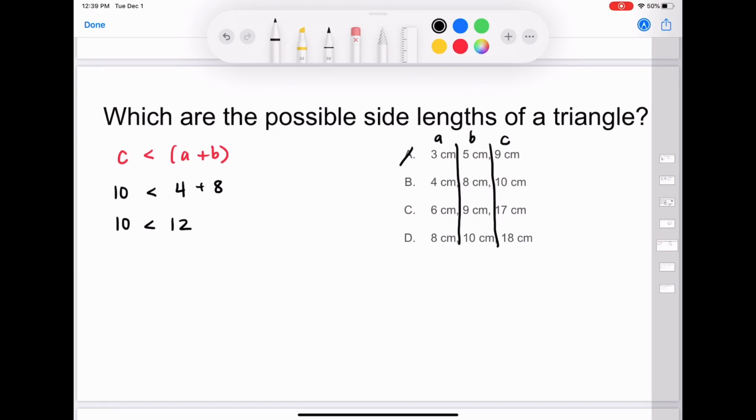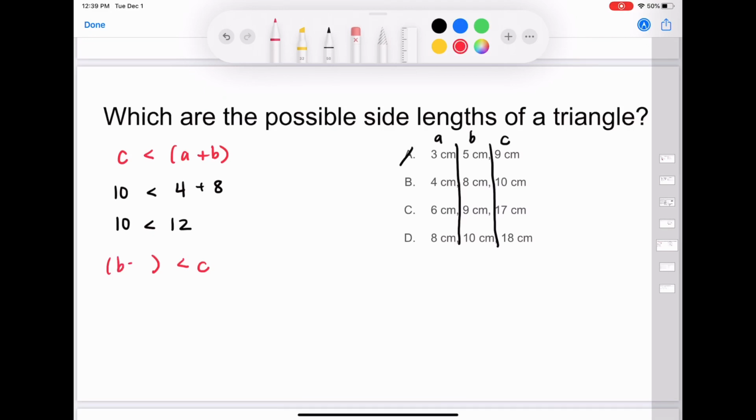So let us go backwards to see if this is true. In order for us to go backwards, we want A minus B to be greater than C. So let's try that. A minus B. In this instance, I'm going to switch these around to B minus A, just so it's easier for us to calculate.